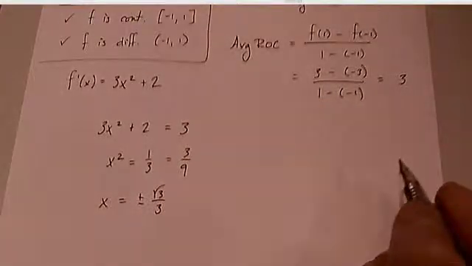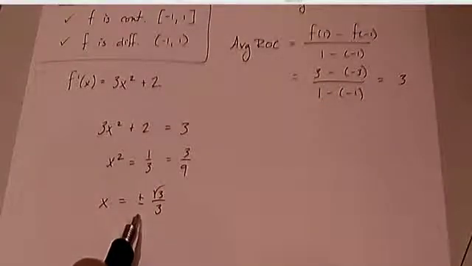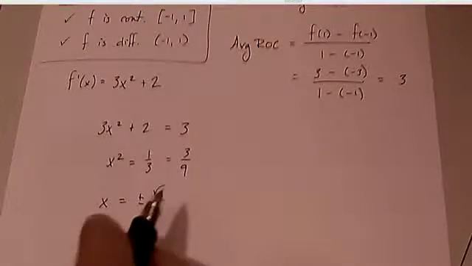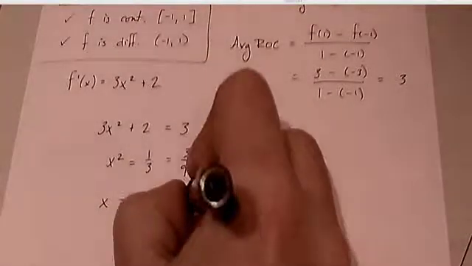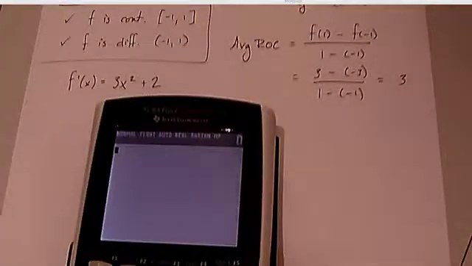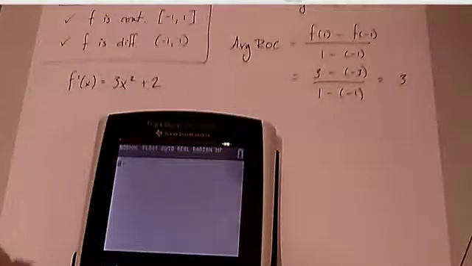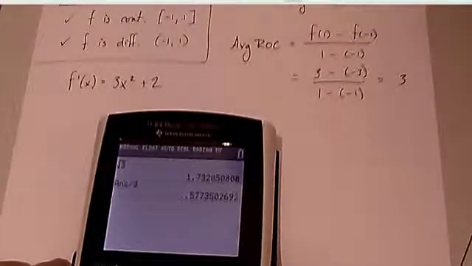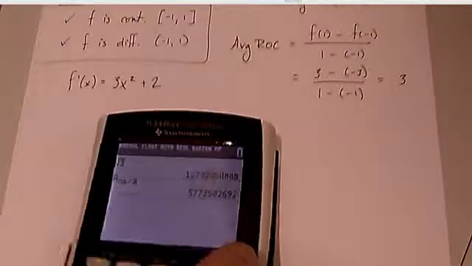Guess what? Both of those values occur on your interval. Root 3 is approximately 1.732, which is just a little bit less than 1.8, so divide that by 3, and it should be a little less than 0.6. So root 3 divided by 3 is 0.577.